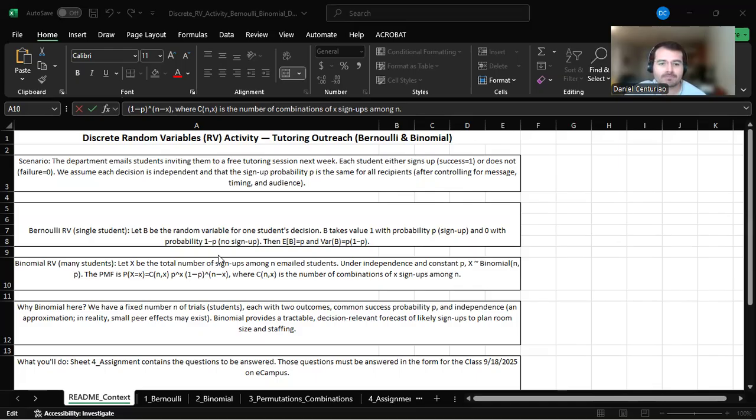So the second thing that we want to analyze is the totals, or the summation, of each individual student. This summation should follow what we call a binomial probability distribution, or binomial mass function.